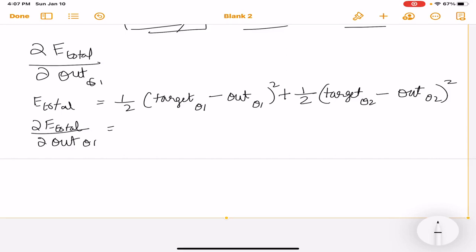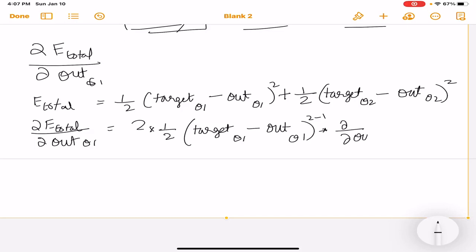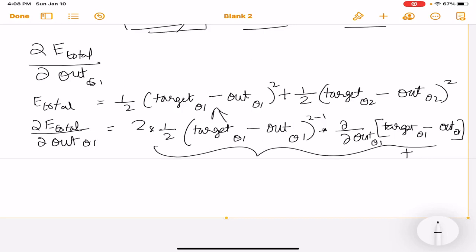So this is nothing but 2 into half into (target of O1 minus out O1) raised to 2 minus 1, into dou by dou out O1 into (target of O1 minus out O1), plus this entire thing, this particular equation derivation, which will be nothing but equal to 0.